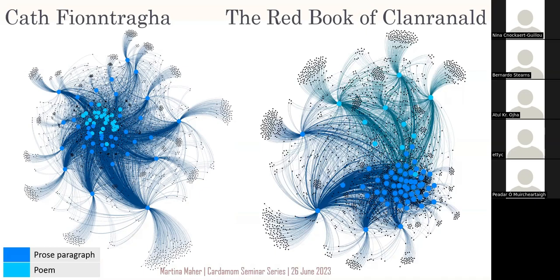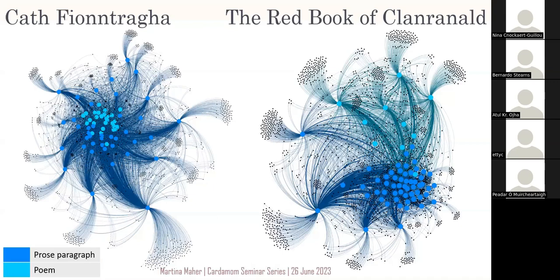That could be partly because the poems in Coffee and Straw tend to be shorter, and short texts tend to get subsumed within these graphs. That's a real methodological problem. But it could also, in this case, be to do with the role that poetry plays in Coffee and Straw, because the role it plays in this text, which is different from the Red Book of Clanranald, is to reiterate and summarize the action that we have just heard about in the prose.